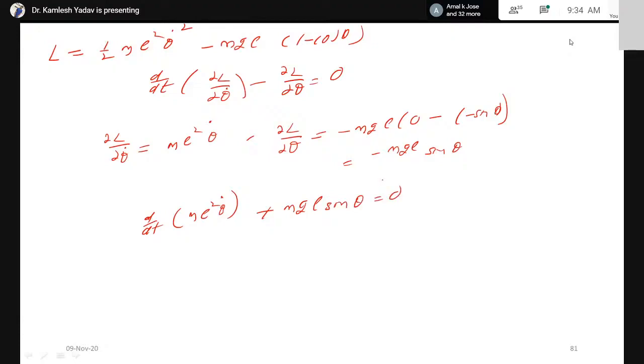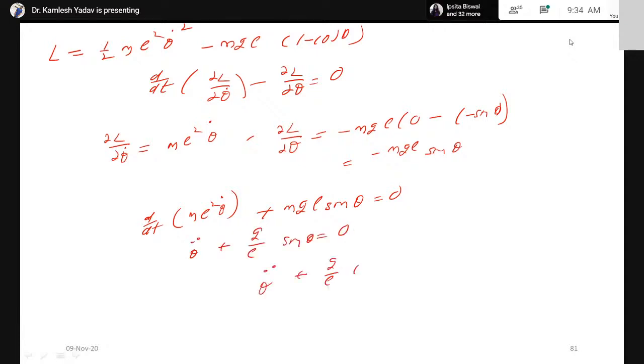Then taking m l outside because it is independent of time, this can be written as theta double dot plus g by l sin theta is equal to 0. If the amplitude of oscillation is small, then this can be written as theta double dot plus g by l theta is equal to 0.